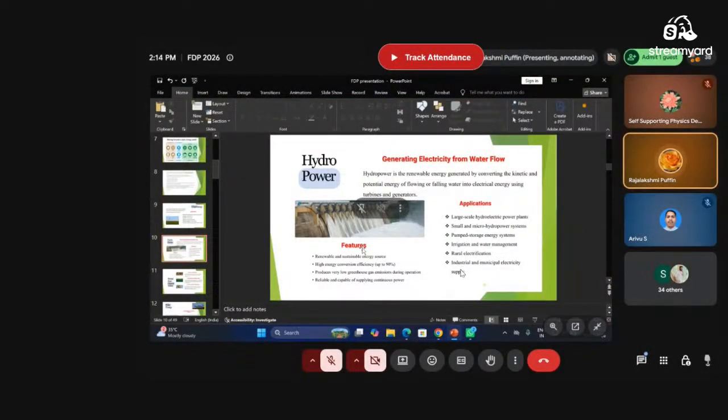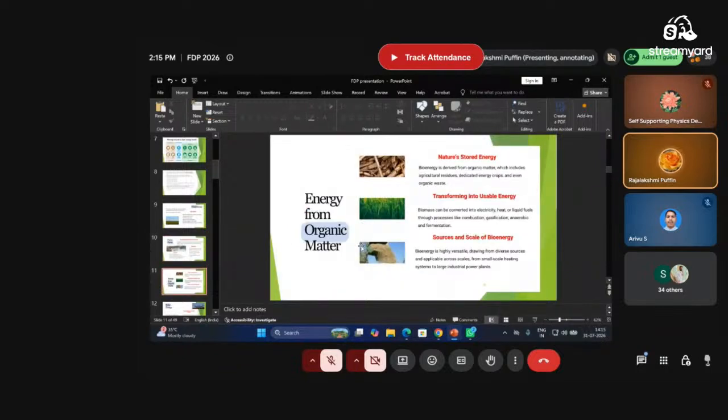This is also very good, and we can go for energy from organic matter, and as I said, biomass. So we can go from nature, how we can store and use this, the source and scale of bioenergies.